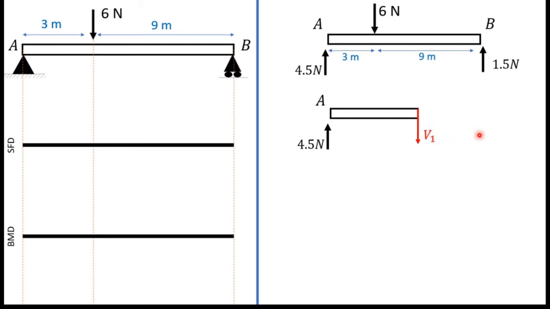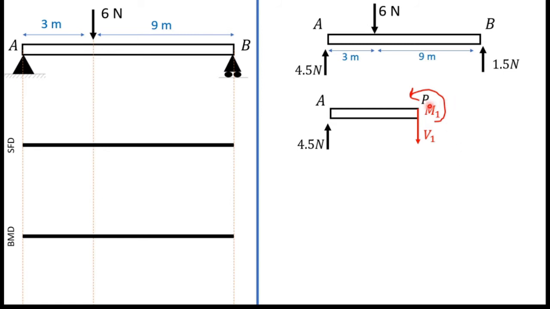Next I am going to mark the moment here as M1. So V1 is the shear force and M1 is the bending moment. Now I am going to find the equations of V1 and M1. Actually it's not values, I am going to find equations. Then I can draw graphs for those equations.